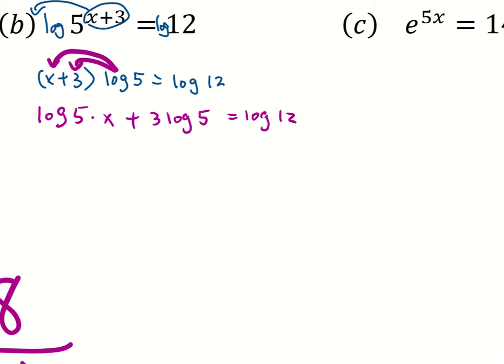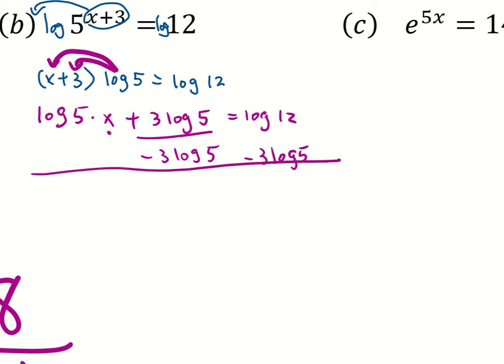Remember your goal is to leave x by itself. I'm going to subtract 3 log of 5 on both sides. I know it's a very abstract number, but we're going to subtract that.